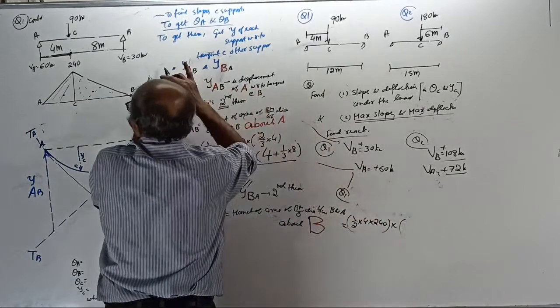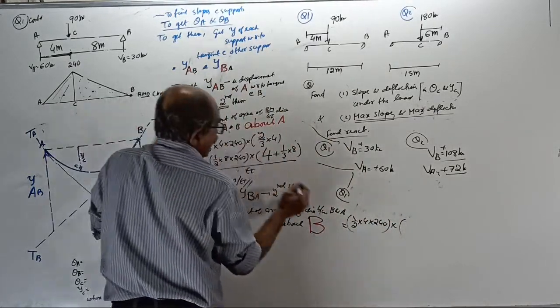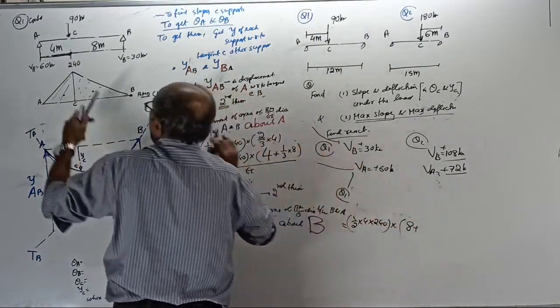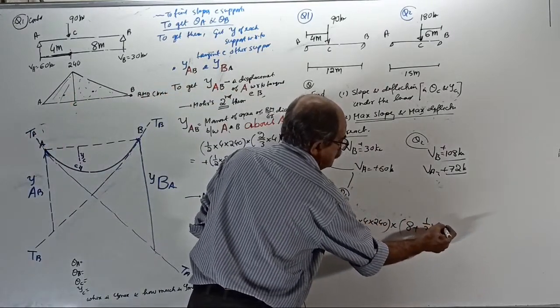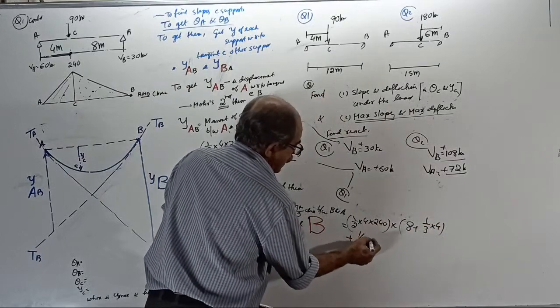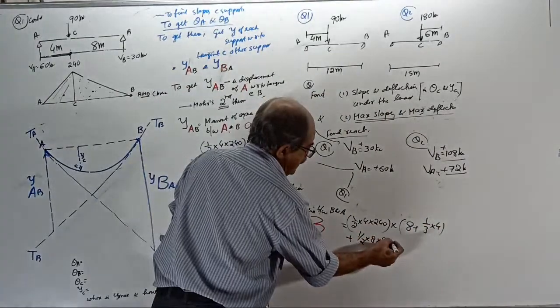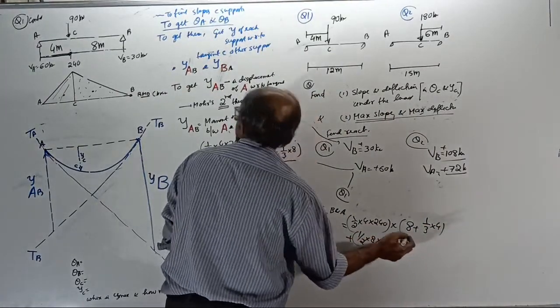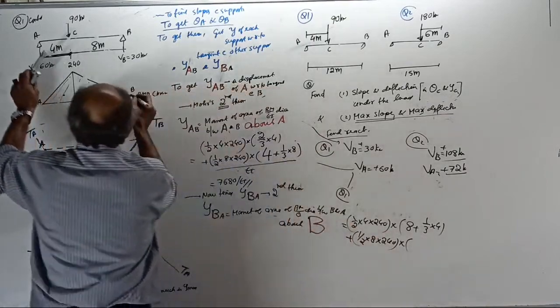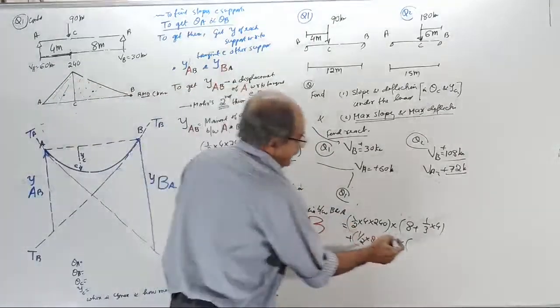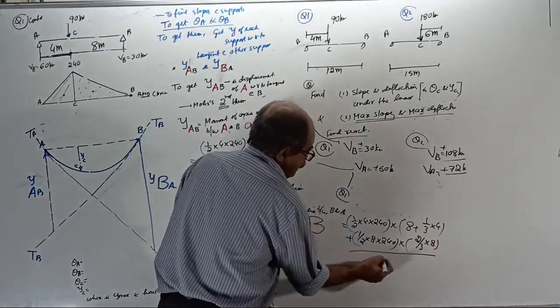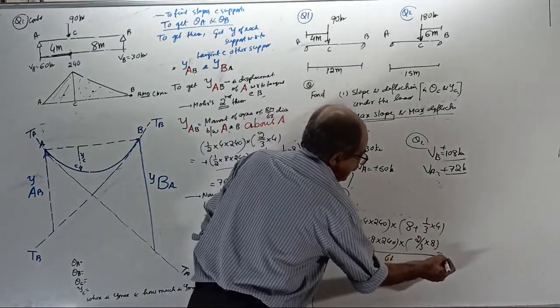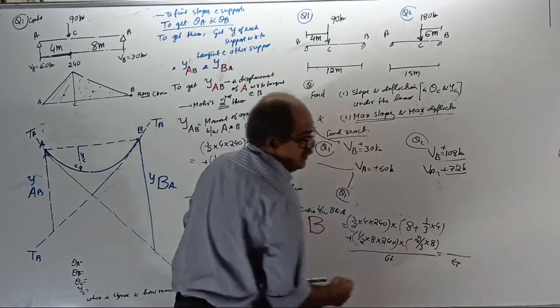Remember, moment about B is 8 meter plus from here to here is 1/3 of 4, plus one more, half into 8 into 240 area into, from here to here is 2/3 of 8, answer divided by EI. Tell me this answer also, something by EI.